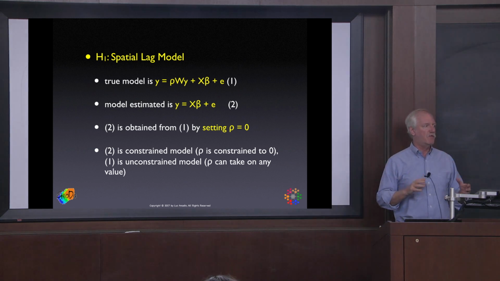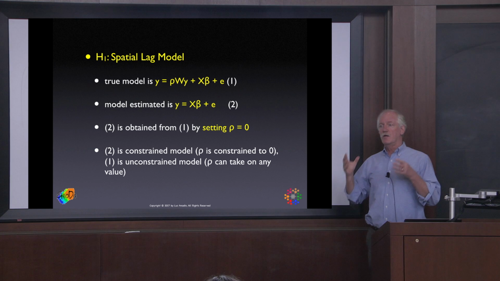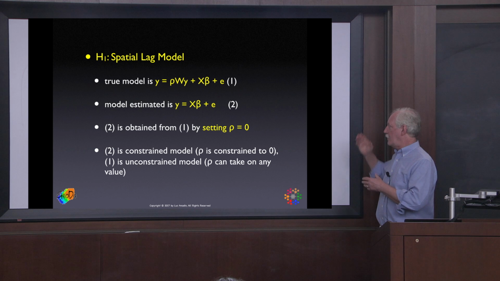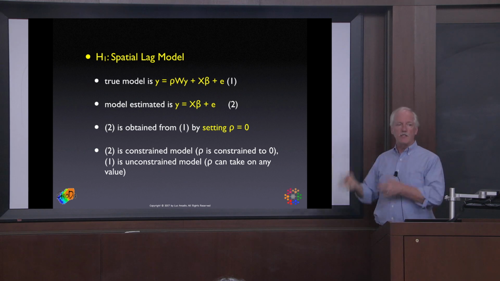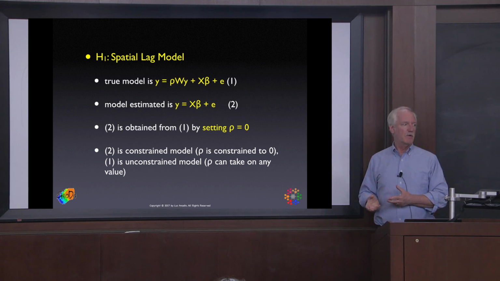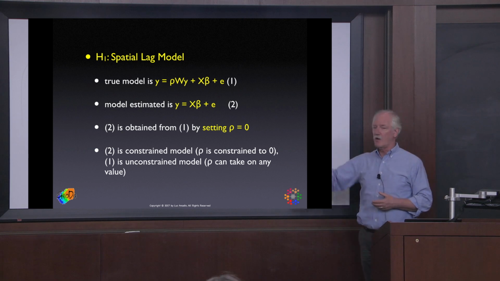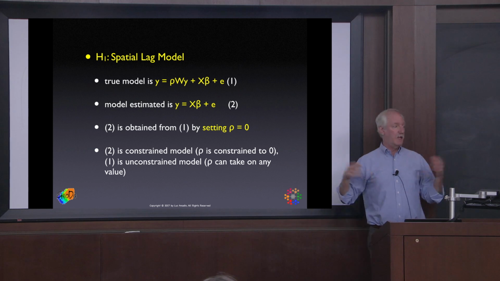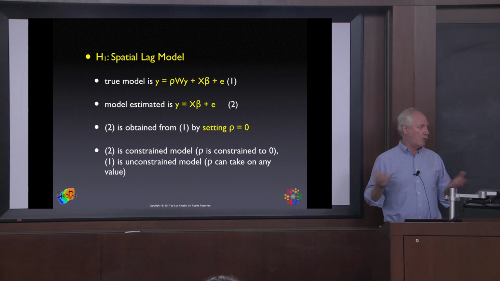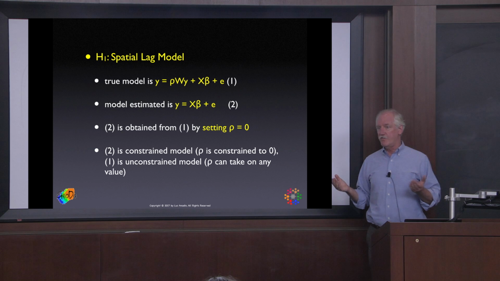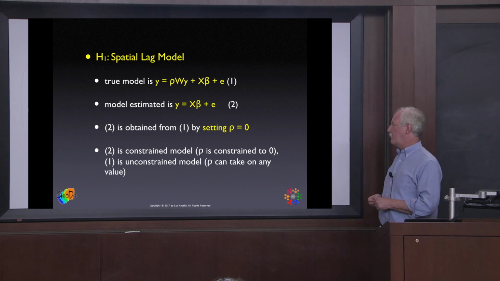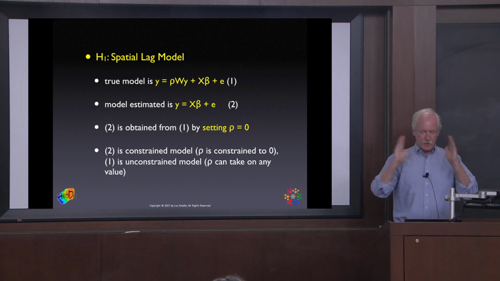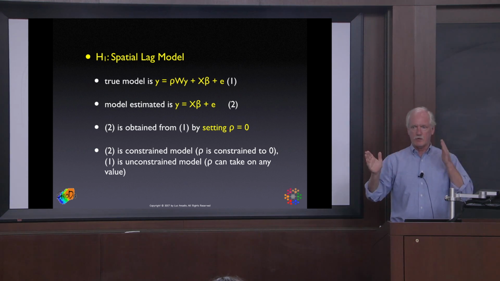Just to make sure you get this mindset, it's all about constrained and unconstrained models. And I've mentioned this before. Constraints means some parameter is set to 0. So if you set rho to 0, there is no spatially lagged dependent variable. So the standard regression model is the constrained one. Rho is 0. The spatial lag model is unconstrained. Rho can take on any value that you estimate, right? So it's important to keep this straight, which is constrained and which is unconstrained.